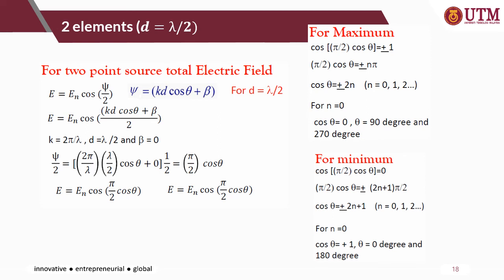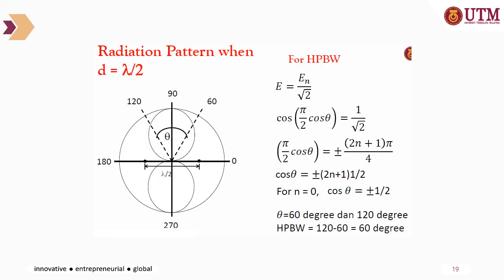When the separation is lambda over 2, the maximum beam occurs at theta equal to 90 degrees and also 270 degrees, and the nulls appear at 0 degrees and also 180 degrees. So when d equals lambda over 2, the maximum appears at 90 and 270 degrees, and the nulls appear at 0 and 180.